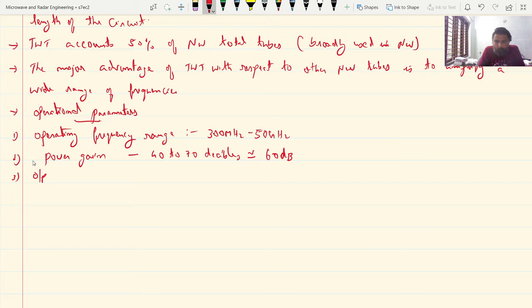The next point is bandwidth, which is nearly 0.8 gigahertz.